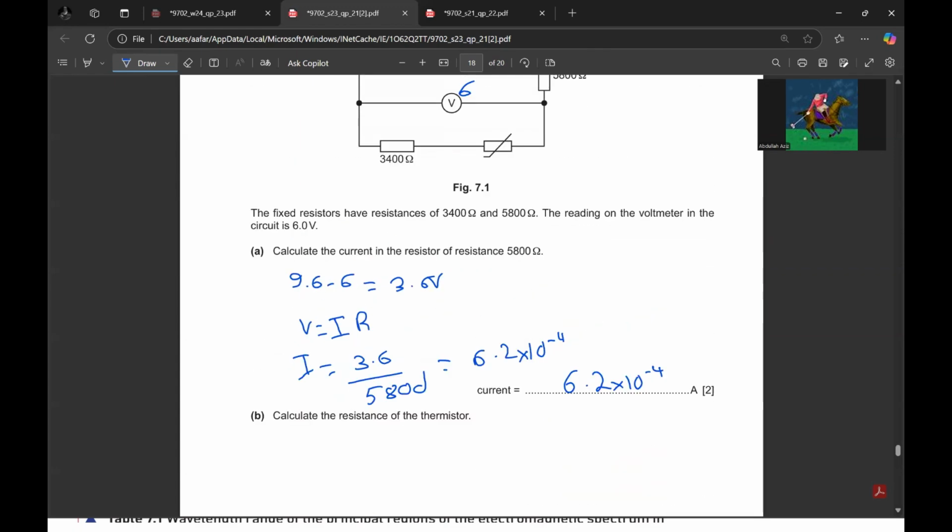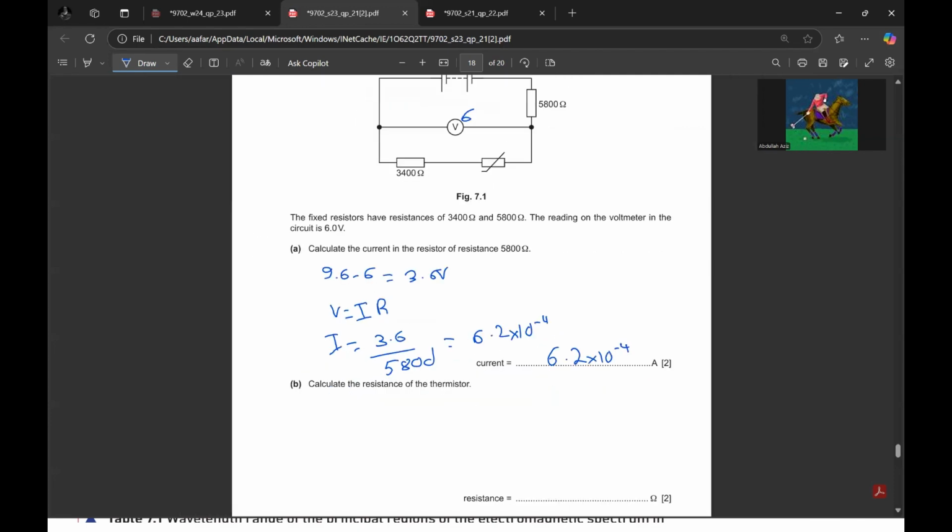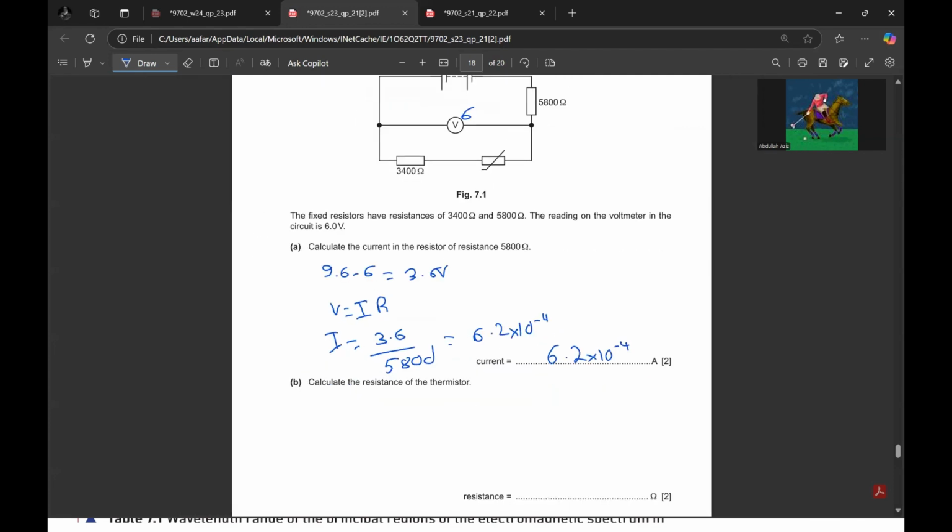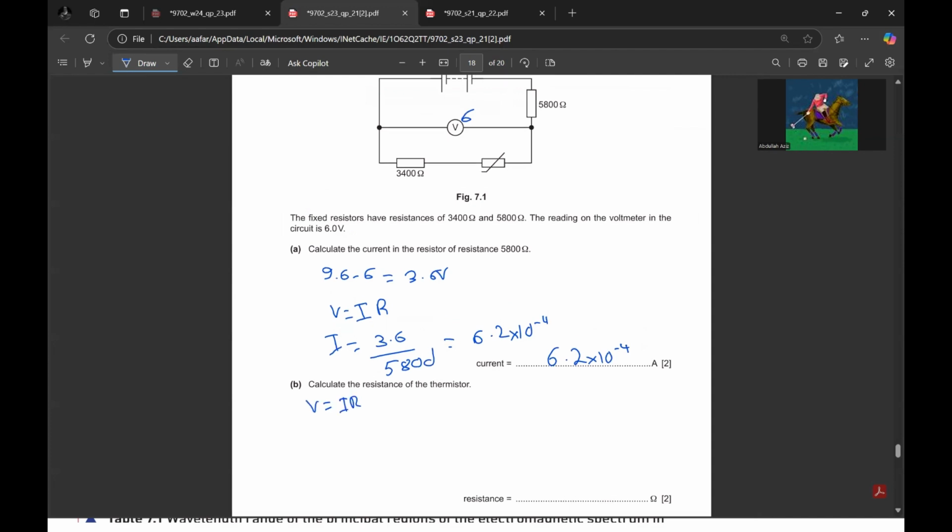Calculate the resistance of the thermistor. Okay. So we know that the resistance adds up. So we can say V is equal to IR. These two get 6 volts, and the current we just calculated. The resistance is basically 3400 plus the resistance of the thermistor, which we need to calculate.